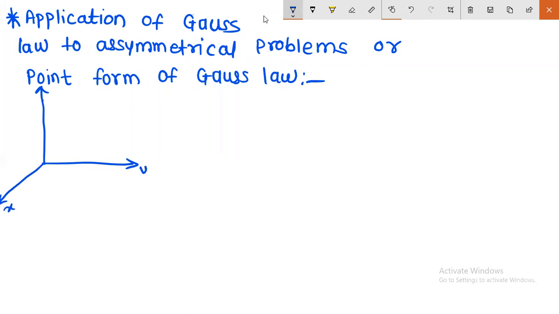X, y, and z axis. Now consider one rectangle. You draw this correctly.